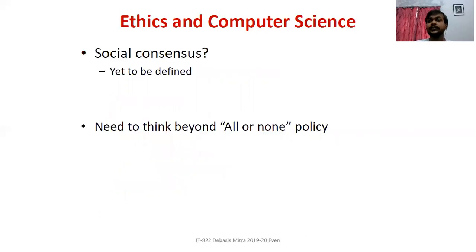So, social consensus about these is yet to be defined, because social consensus on certain things in society usually evolves a bit slowly as the technology progresses. But nowadays technology progresses so fast and increases its domains of applications so fast that it will be very challenging to cope with those changes and build a social consensus.